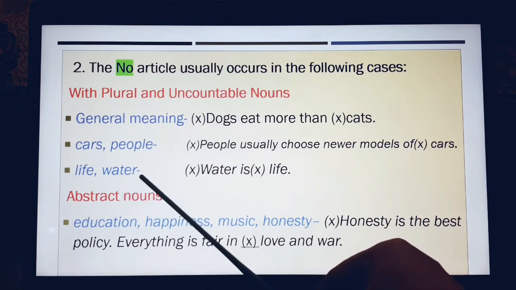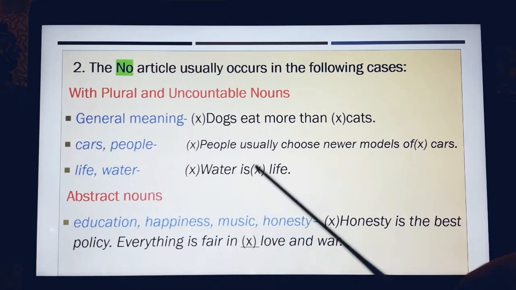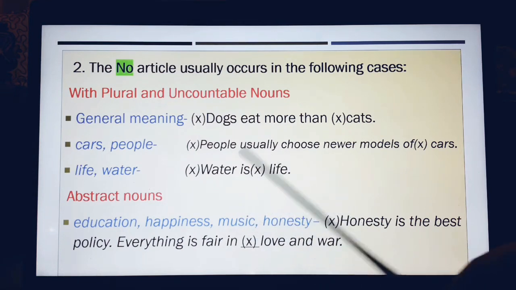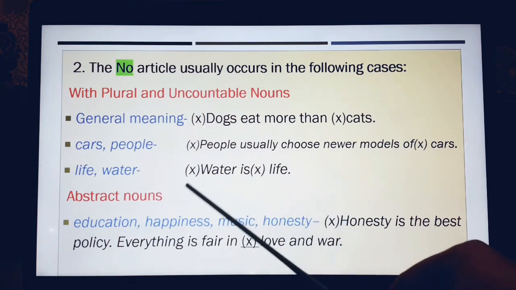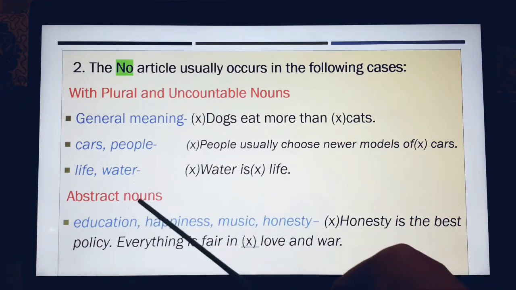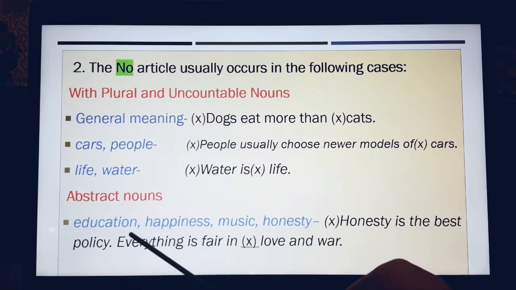Life, water. Water is life. So there is no the water is the life. We did not use like that. So water and life does not take any article before them. Abstract nouns. Education, happiness, music, honesty.